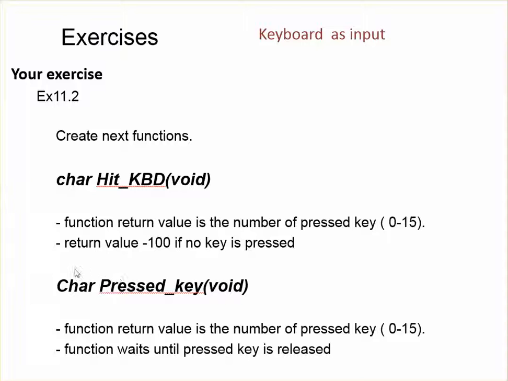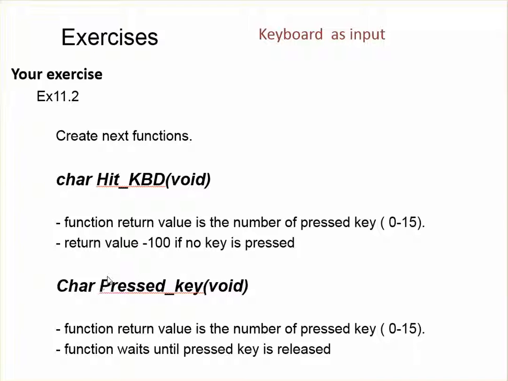And the next function is pressed keyboard. It will return the same number if the key is pressed, but it also waits until the pressed key is released. So this will return the number when you release the pressed key.